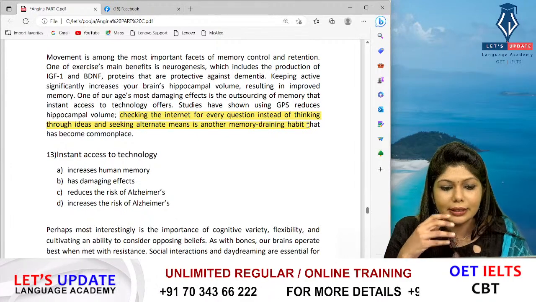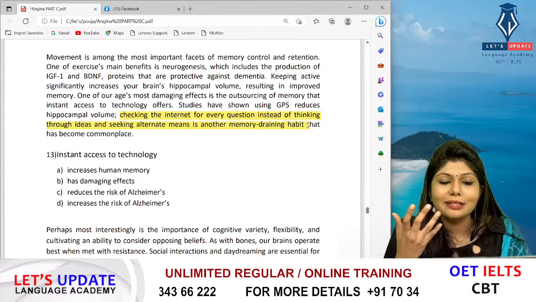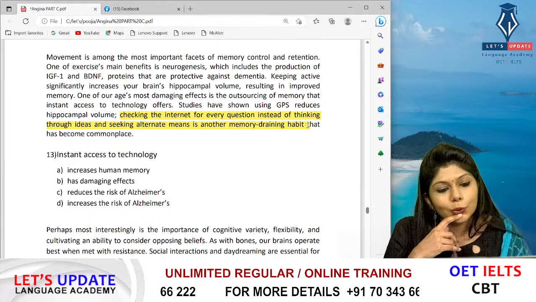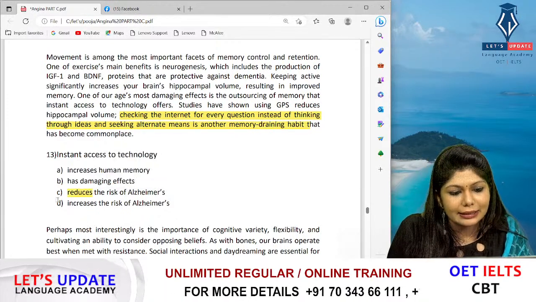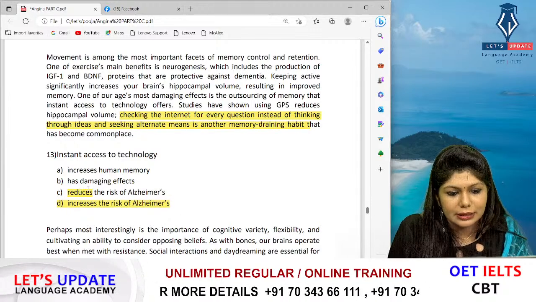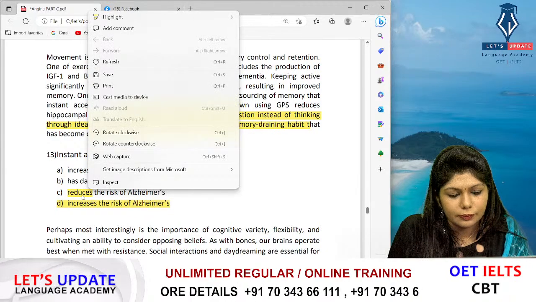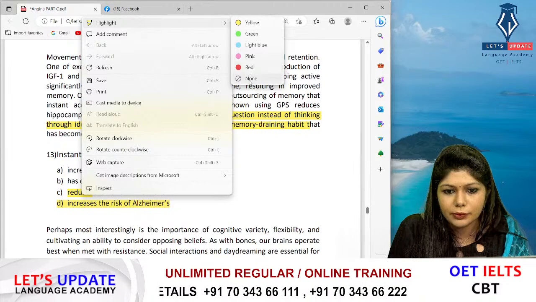And that is when you forget things. Forgetting things, that is same as memory draining. And that is why we say that instant access to technology increases the risk of Alzheimer's. Okay, so I hope you're clear with that.